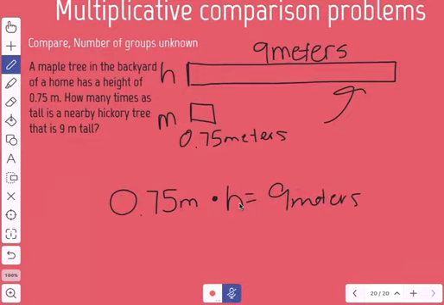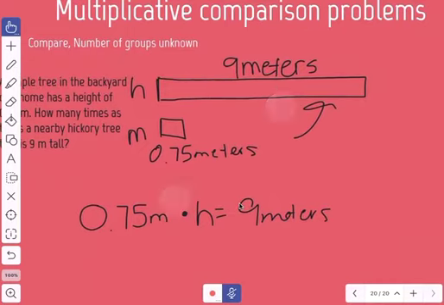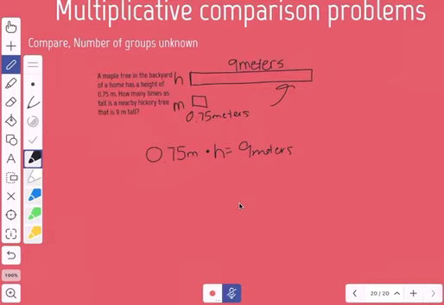To solve that, get myself some more space. To solve that, I would have 0 and 75 hundredths divided by 9. So because I want to know how many maple trees does it take to be as tall as the hickory tree, I have to get that decimal out. 75 goes into 90 one time.